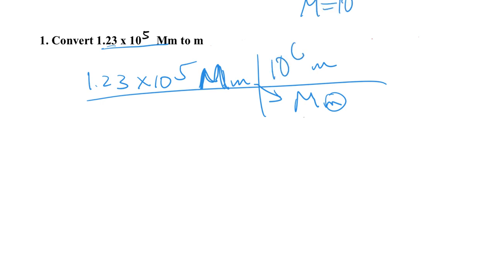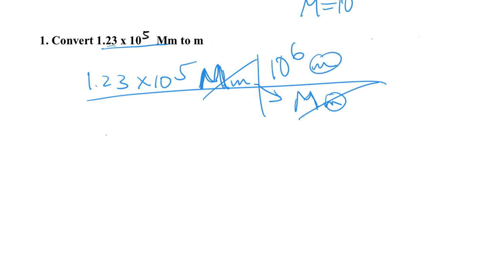So 10 to the 6 goes with the basic unit, the one without a friend, without a prefix. And I'm done because the megameters cancels out, leaving meters.